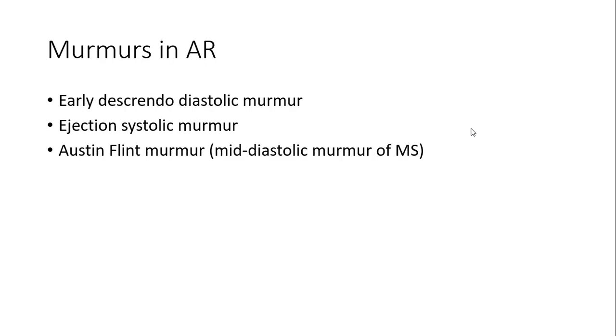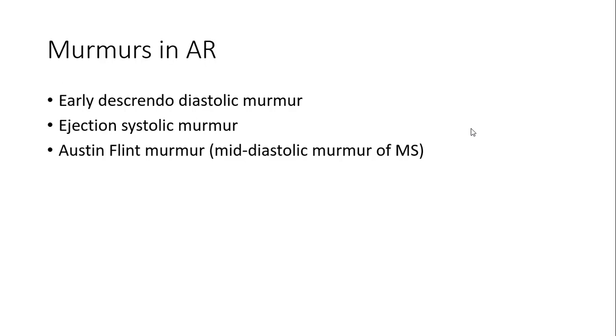In some patients we can hear the Austin Flint murmur, that is the mid diastolic murmur of mitral stenosis. It happens that the regurgitated blood can potentially cause functional mitral stenosis, and this murmur may be heard.